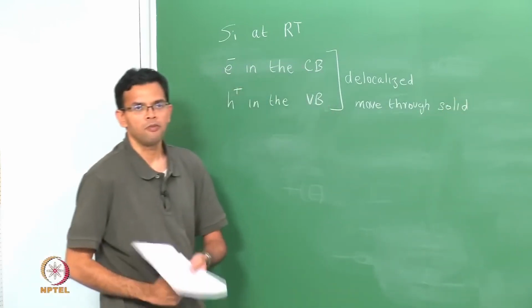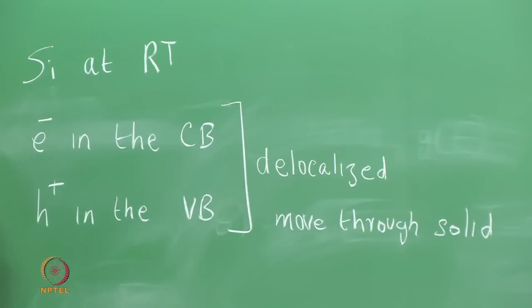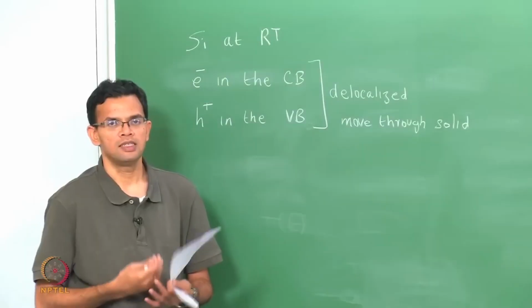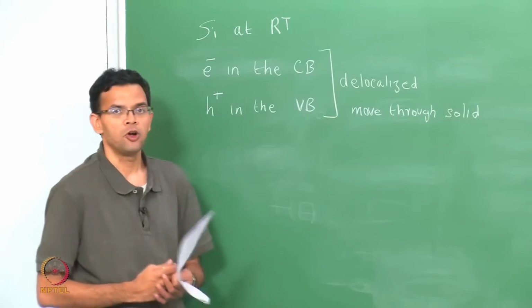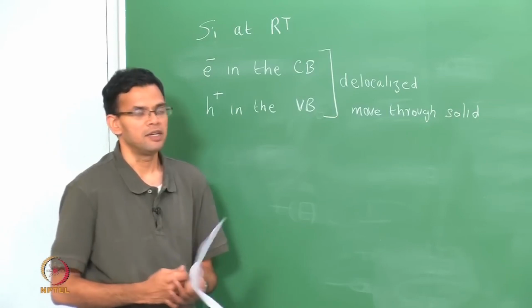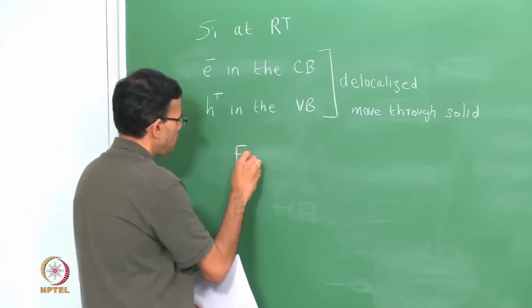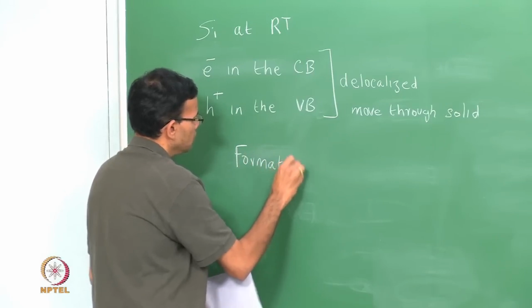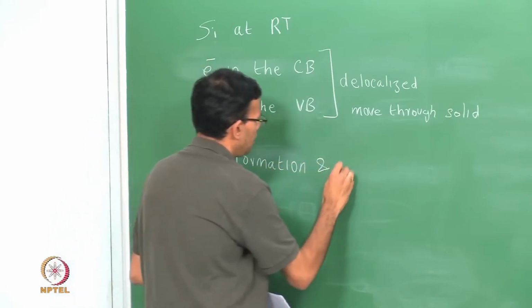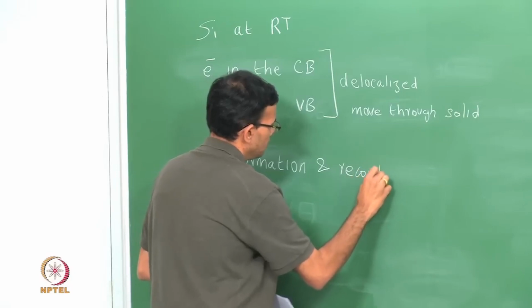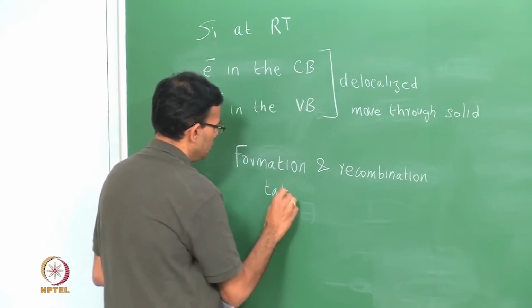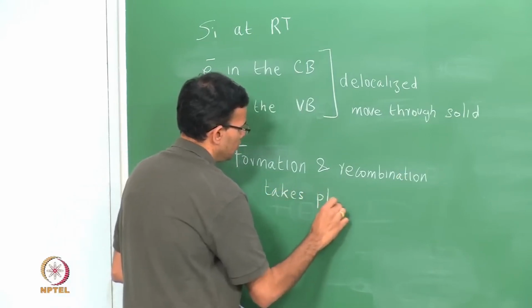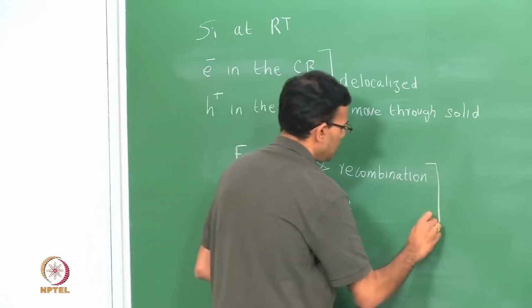The process of formation of the electrons and holes is a dynamic process. That is, electrons and holes are constantly being formed. At the same time, electrons also fall back to the valence band and recombine with the holes, so that they are also getting eliminated. So, formation and recombination take place, and we can say this is a dynamic process.